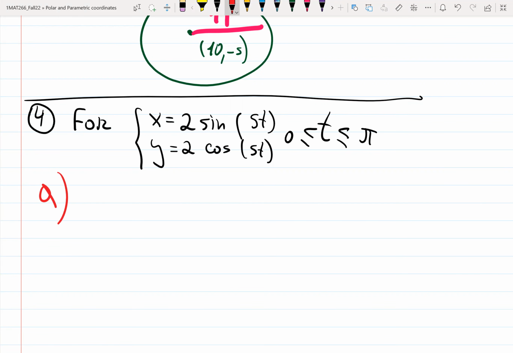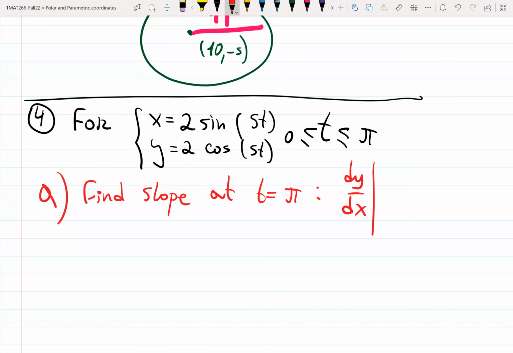Question 1, that's what I put in the quiz. Find slope at t equals pi. Slope is dy over dx, at, that's the bar, t equals pi. That's the notation when the third variable is involved, or a parameter.